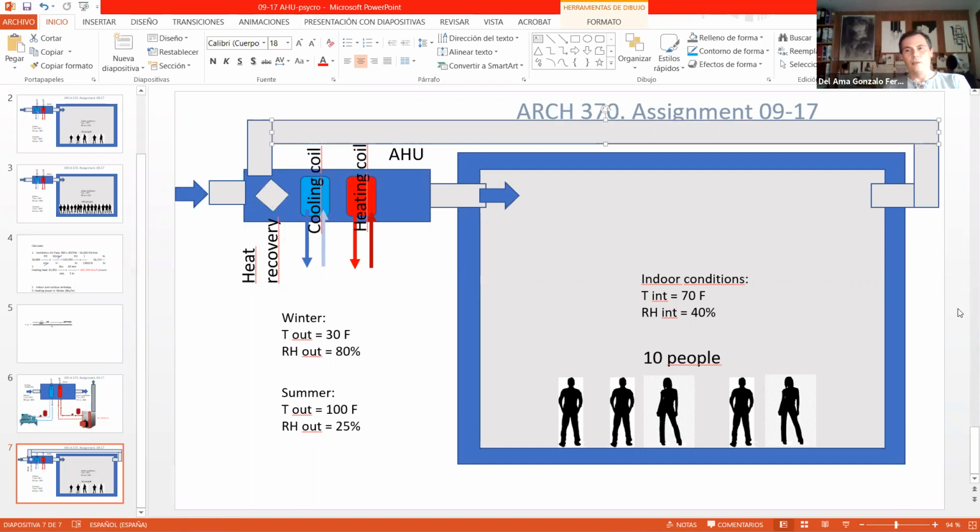Okay, perfect. So we need to recirculate the air. We have the air supply and the air return, and if we include arrows, I think it will be even better.